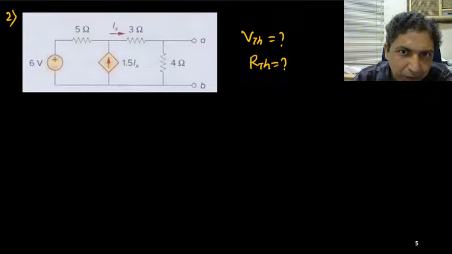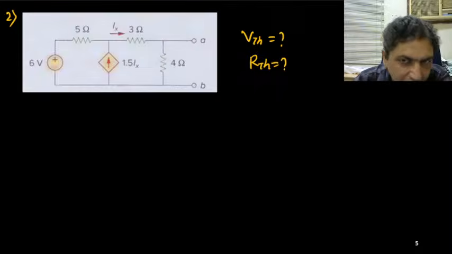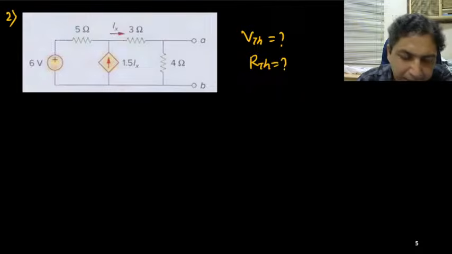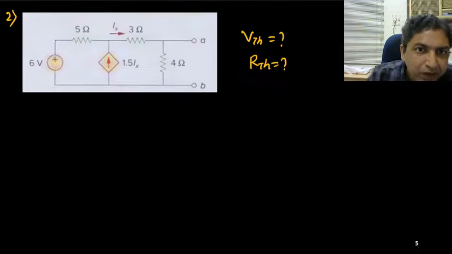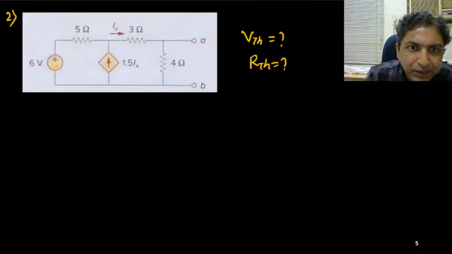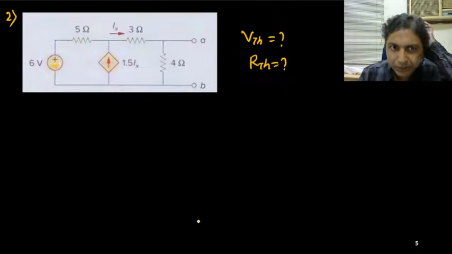Now this is the next problem. Can you find VTH and RTH for this circuit with respect to the node A and B? This is plus and this one is minus. Okay.